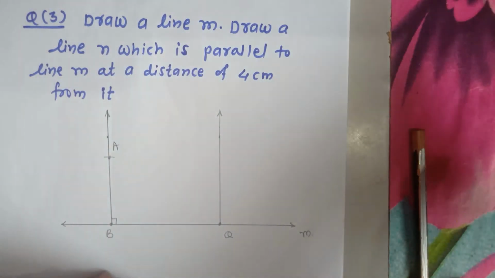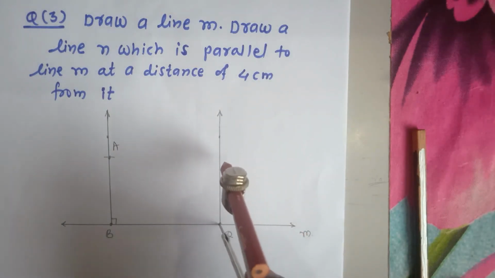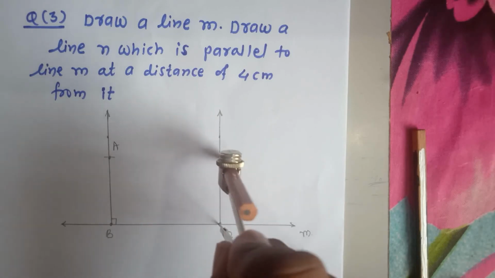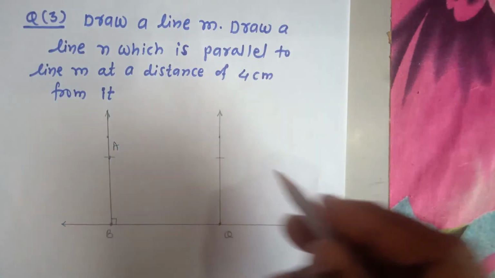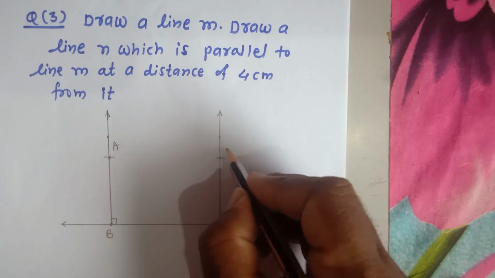Now take a distance 4 cm in a compass, put the compass at point A and draw an arc on this perpendicular. Let this point be P.